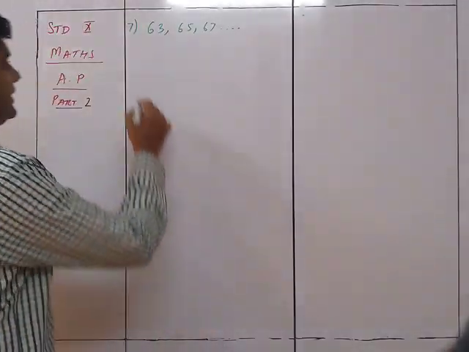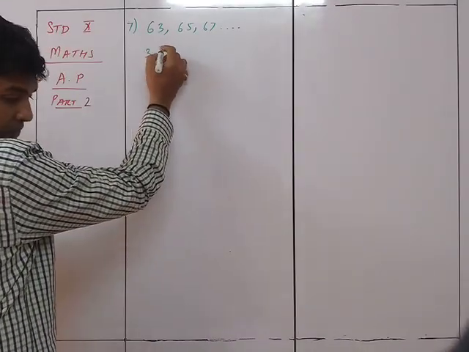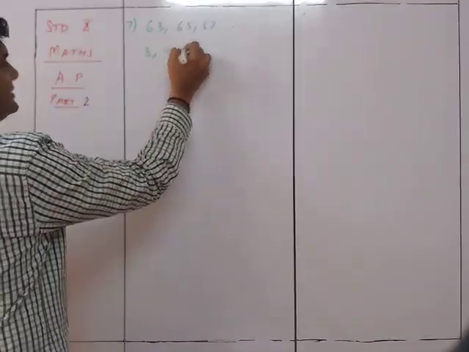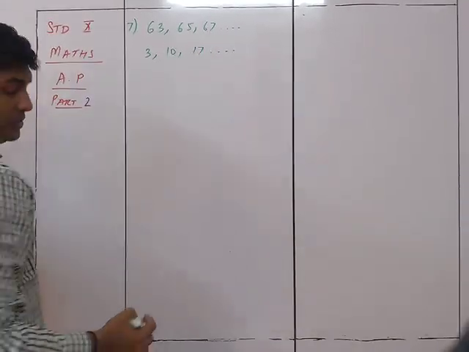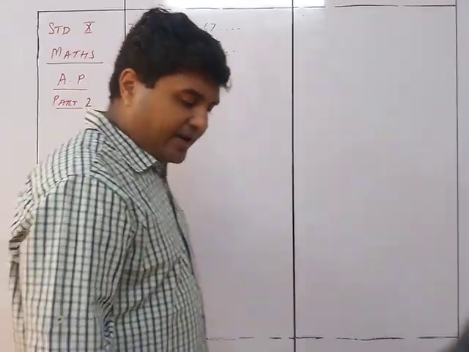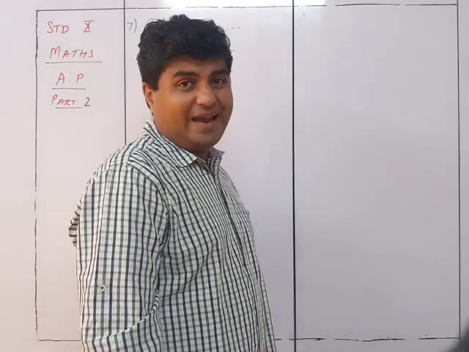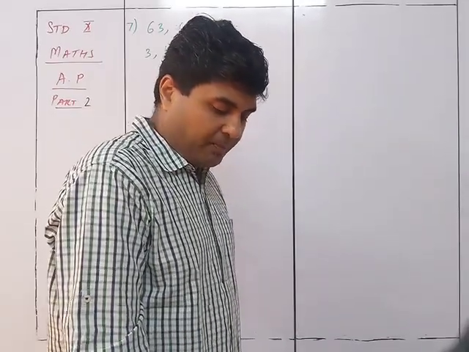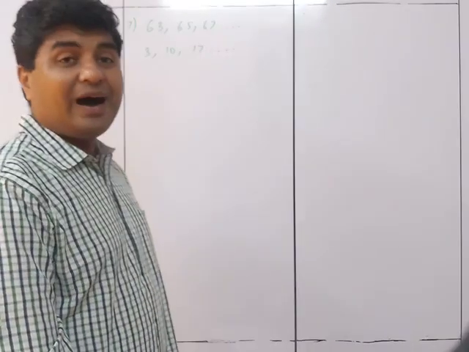So we have another AP, 3, 10, 17, and so on. It's asked for what value of n the nth terms of these two APs are equal.